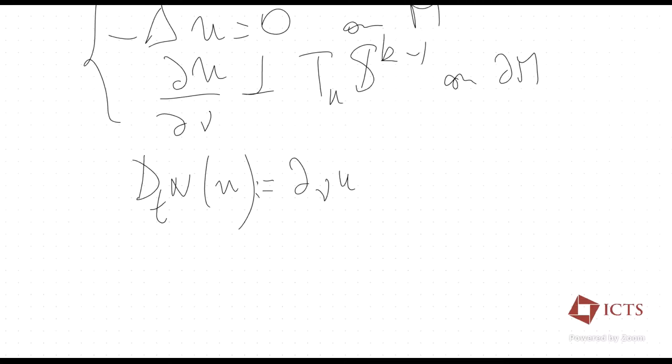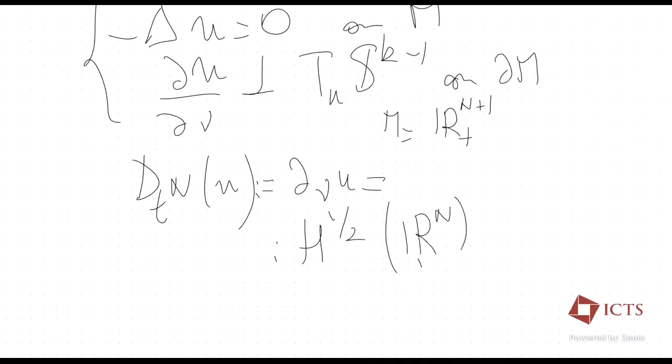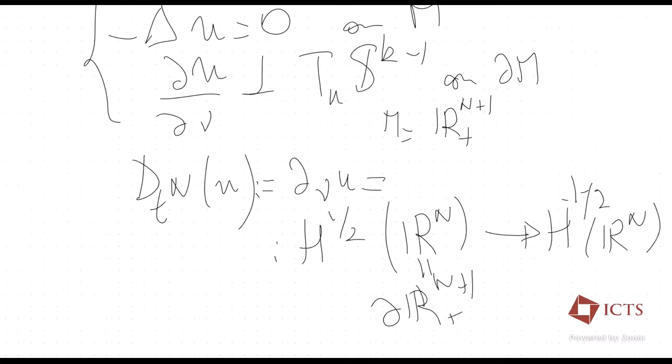What you can prove is that if M is a half space, the Dirichlet to Neumann map is from H^(1/2) of R^n, which is seen as the boundary, into H^(-1/2) of R^n, and it is exactly equal to the Laplacian to the power 1/2 of the trace, where this is the Laplacian in R^n.